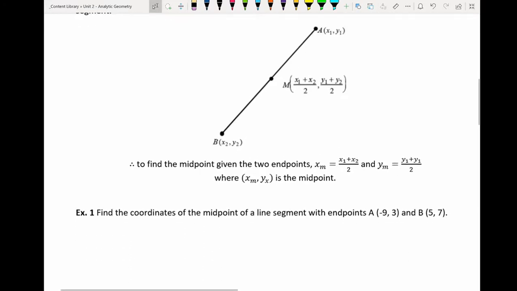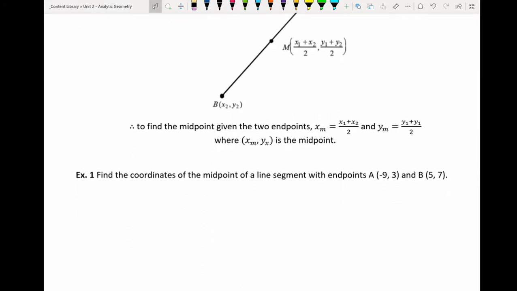So in example 1, find the coordinates of the midpoint of a line segment with endpoints A, which is (-9, 3), and B, (5, 7). Again, we could draw this out, we could create a graph and draw it out, but it may not be a nice flat line or vertical line, so it might be hard to actually count the squares. So let's use our formula.